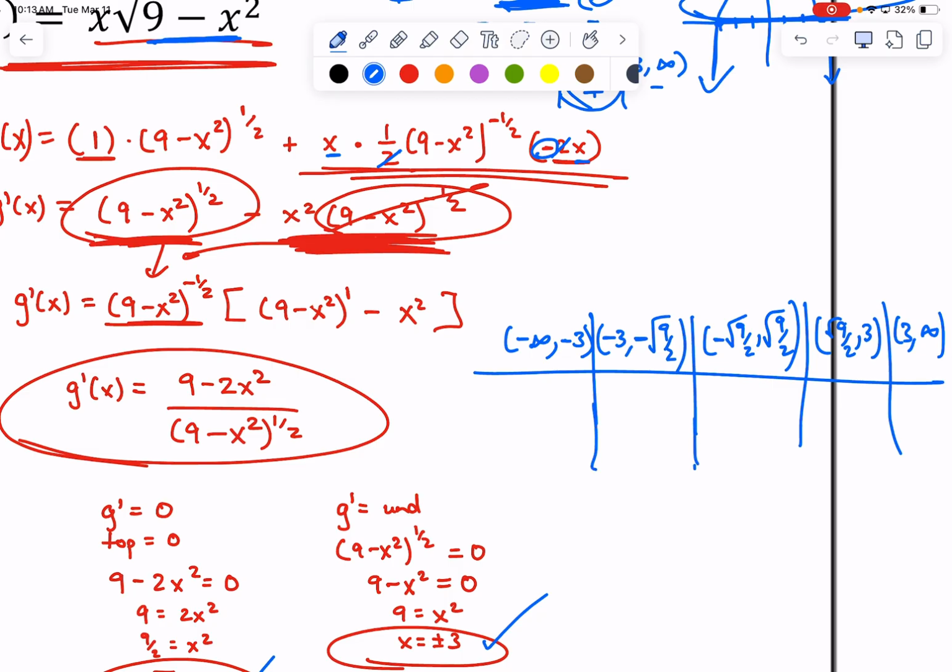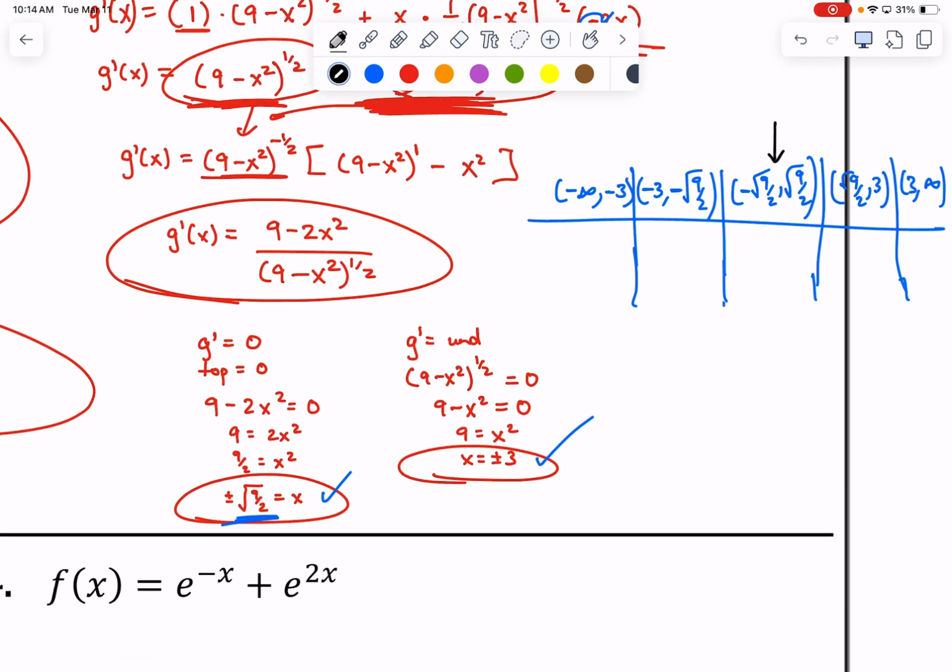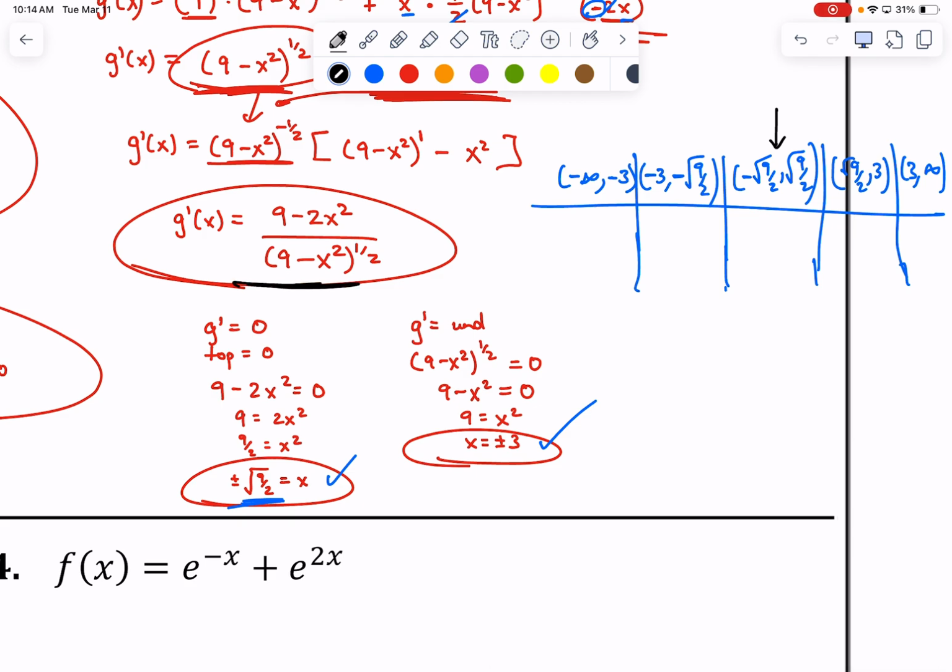Now, the good part is none of these are multiplicity 2, so the signs are going to what? Alternate. So let's test this one. Let's test that, because I don't think you guys are going to be able to do end behavior on this one. But I can do this pretty easy. If I put a 0 on top, what's that going to make? Positive 9. So positive, right? Yes.